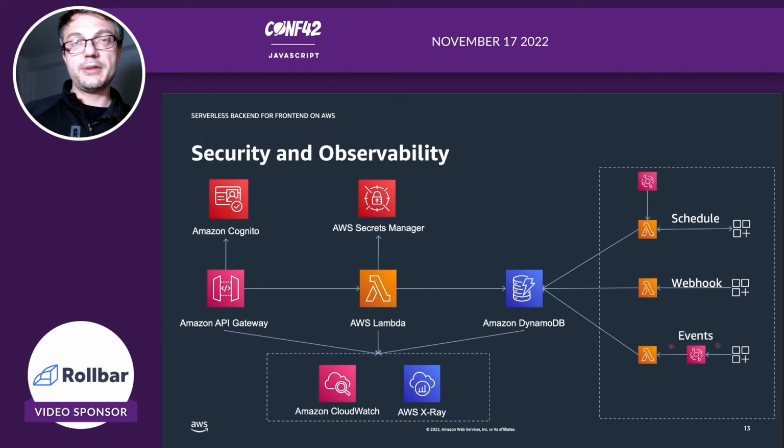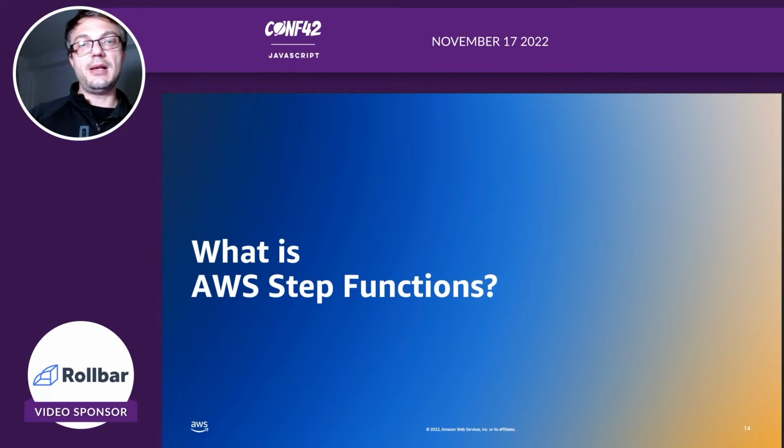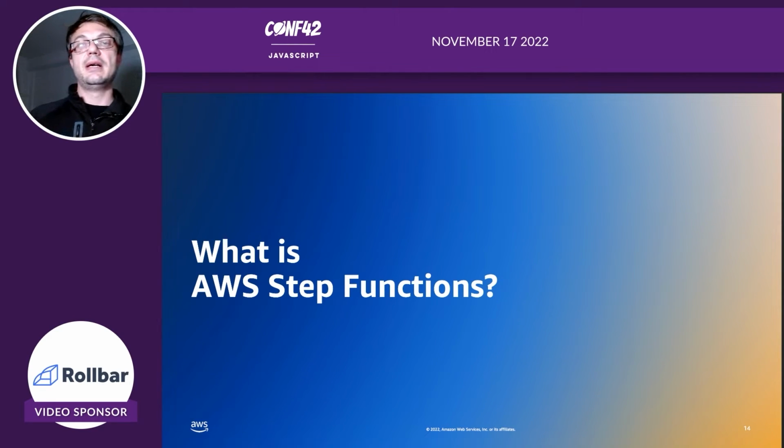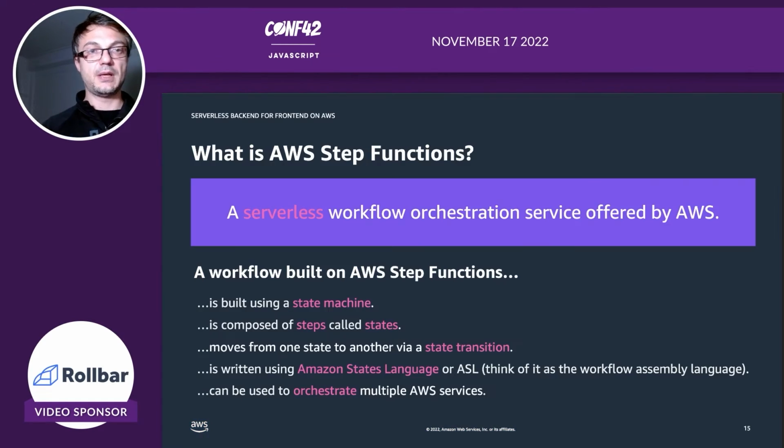Another thing I wanted to present to you a little bit in terms of serverless services and backends for frontends is a service called AWS Step Functions, and how it can also help you to implement your backend for frontend pattern and in what scenarios it can be useful.